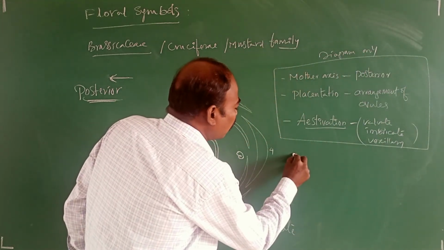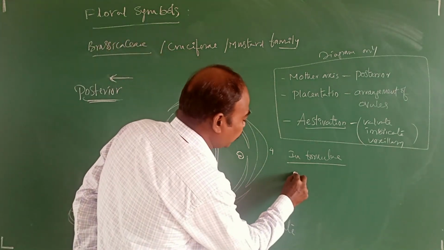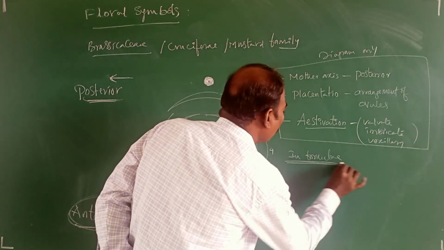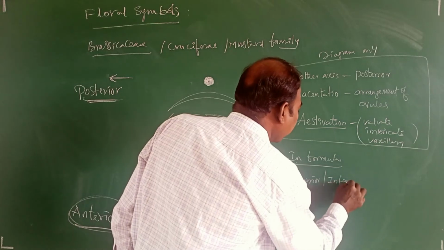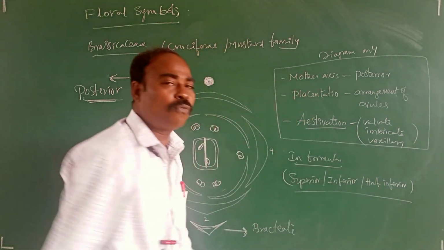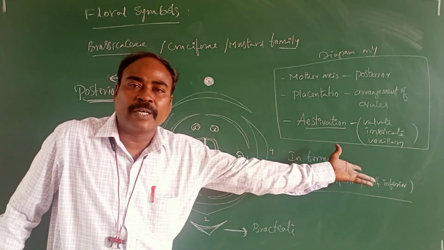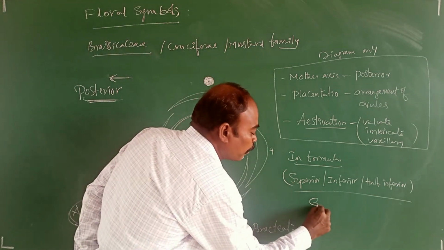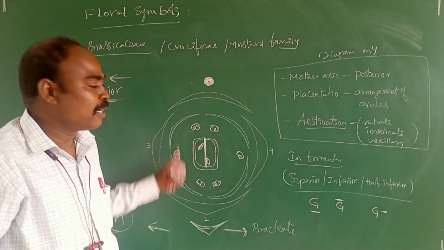But in the formula, we can explain whether the ovary is superior, inferior or half inferior, meaning the position of the ovary on the thalamus: hypogynous, perigynous or epigynous flower, meaning superior ovary, inferior ovary or half inferior ovary, explained by putting lines: G superior, G inferior, G half inferior, but not in the diagram.